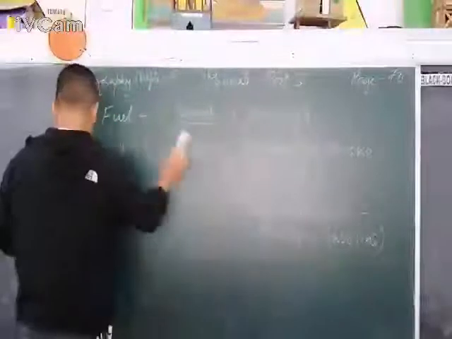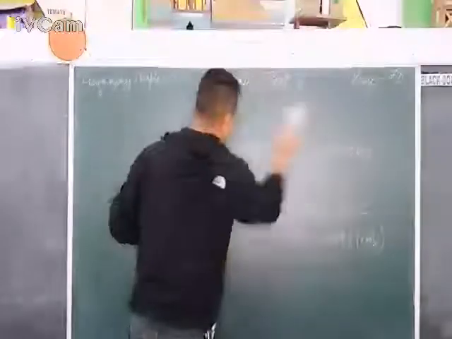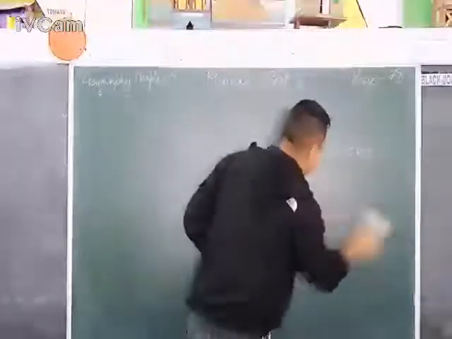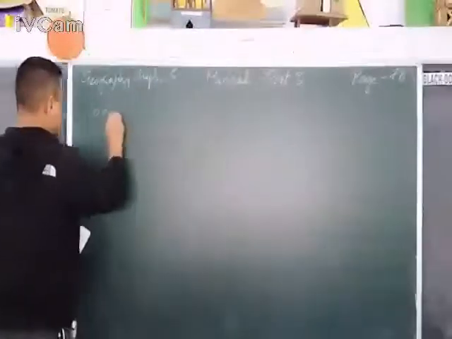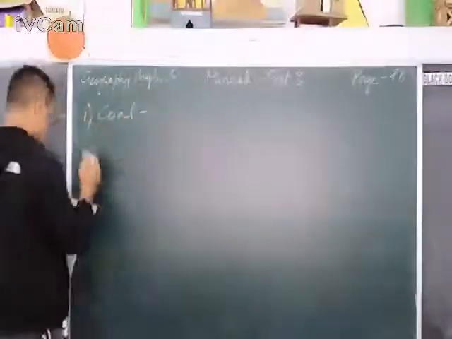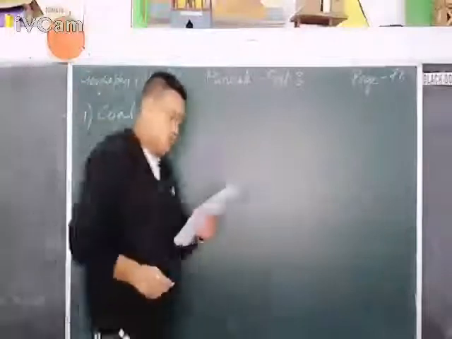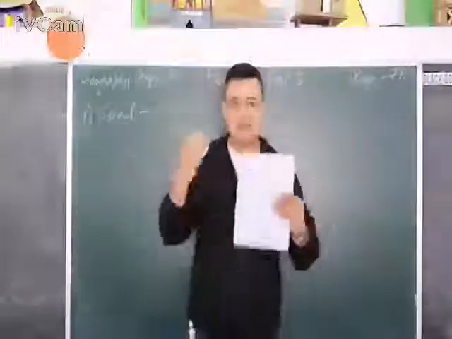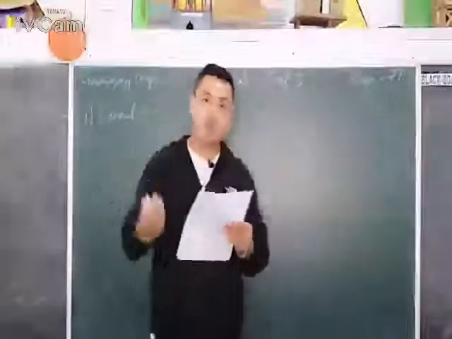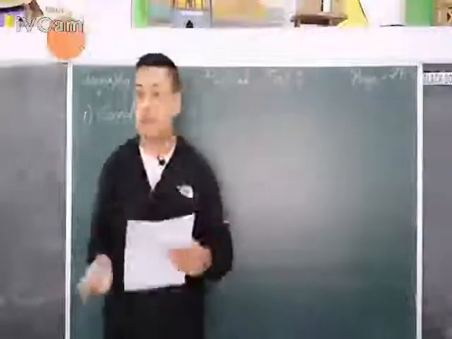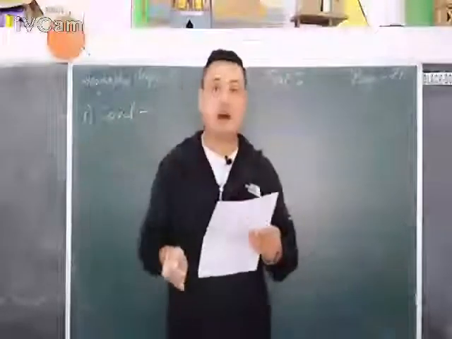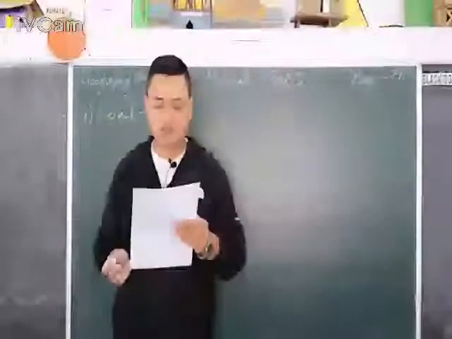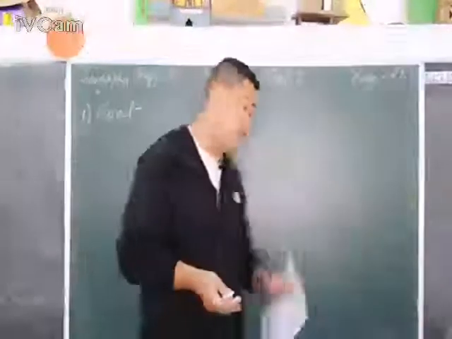So the first thing we are studying is coal as a mineral fuel. Coal is made from decomposed, that is decayed, plant and animal remains that have been buried under high heat and pressure over millions of years.